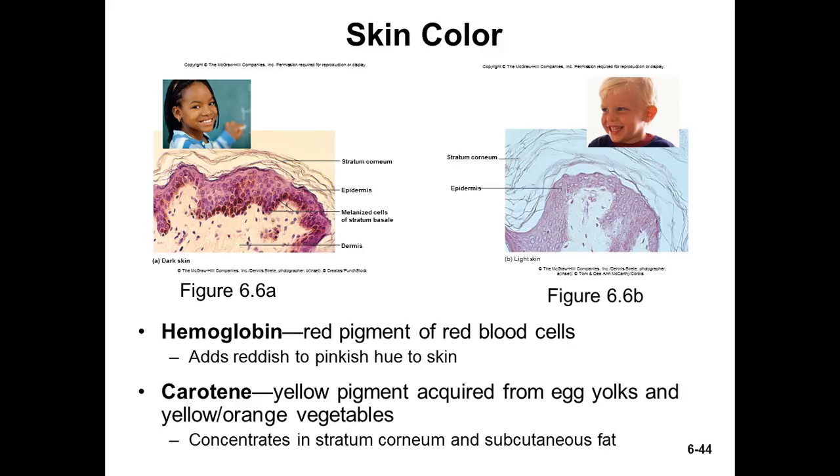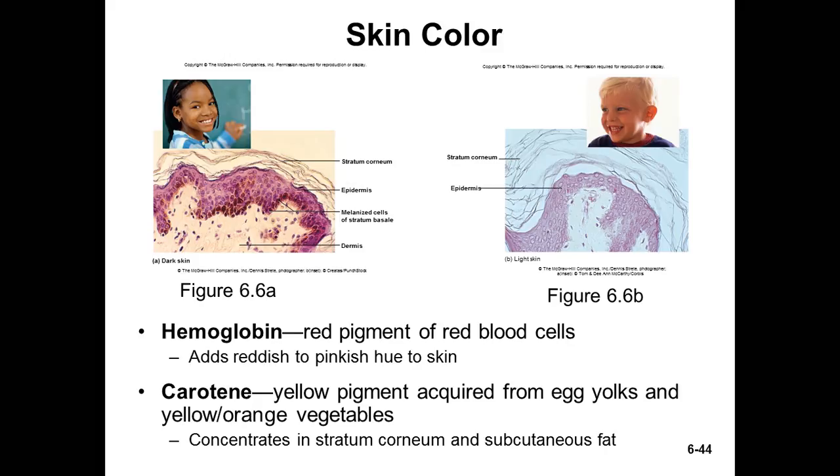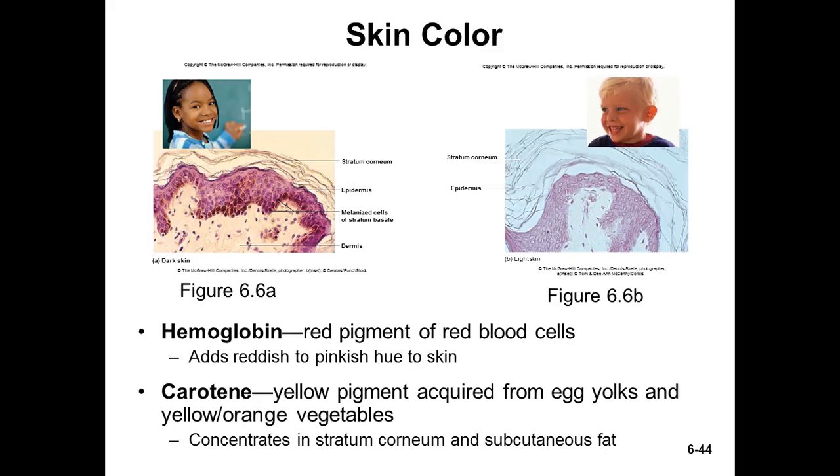Of course, it gives that color to the stratum corneum. Sometimes corns and calluses can take on a yellowish color because that keratin is a little bit more concentrated in the stratum corneum as well as the subcutaneous fat.